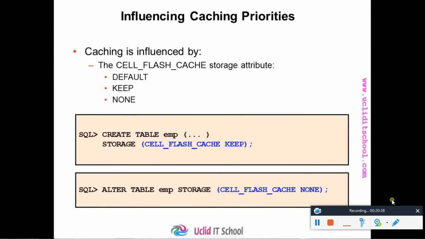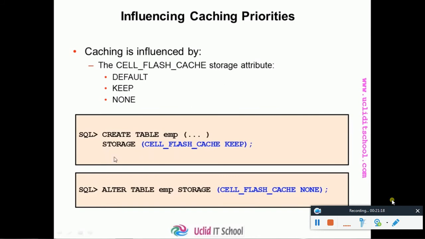As I told you, you can influence the caching priority. You can choose to cache some tables and not cache some other tables. There is one storage attribute, cell flash cache, and it can have three values: default, keep, and none, which allows you to keep the table, not keep the table, or leave it to the default choice.